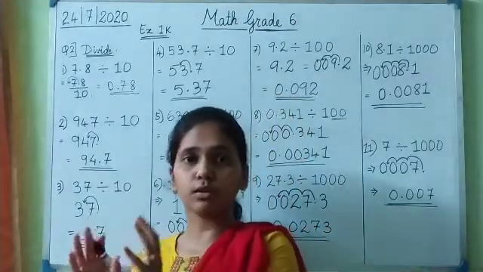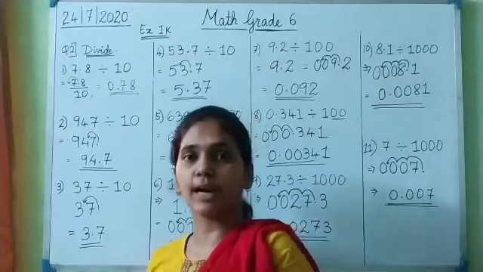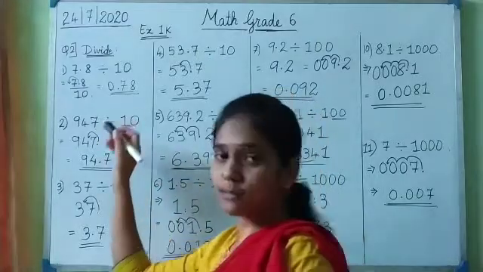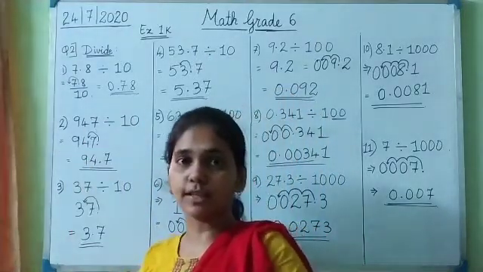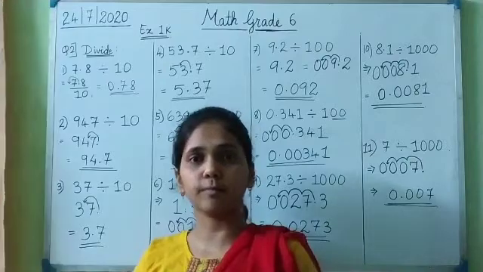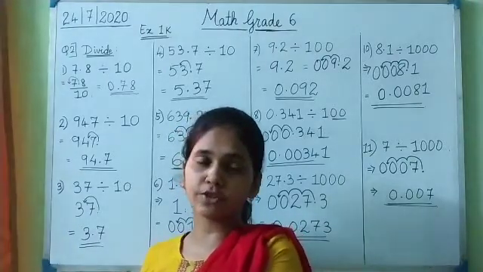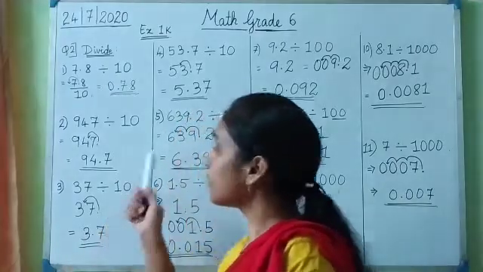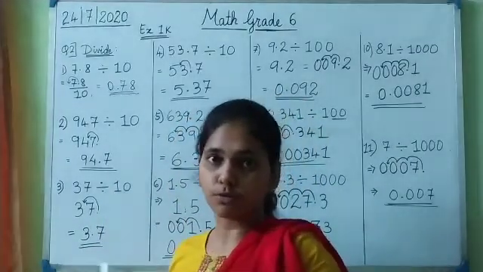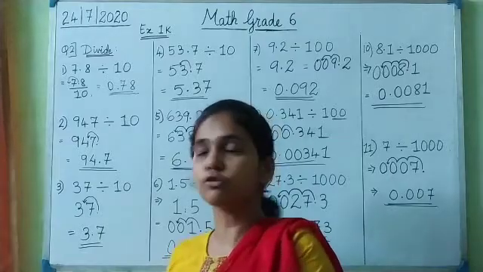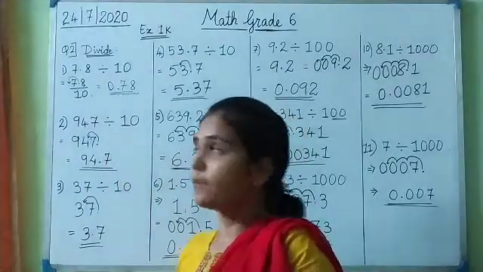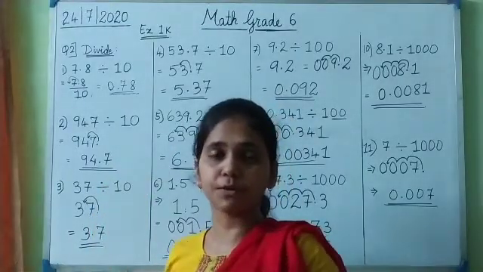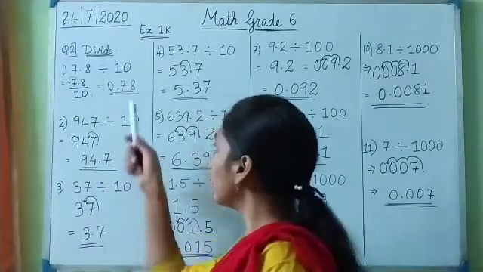If we just move the decimal point accordingly, like as we do in division or multiplication, if you remember that, then it is very simple. Or else if you even do the division, then also you will get the same answer. If you divide 7.8 by 10, normally as we do division, after doing that also you will get the same answer.